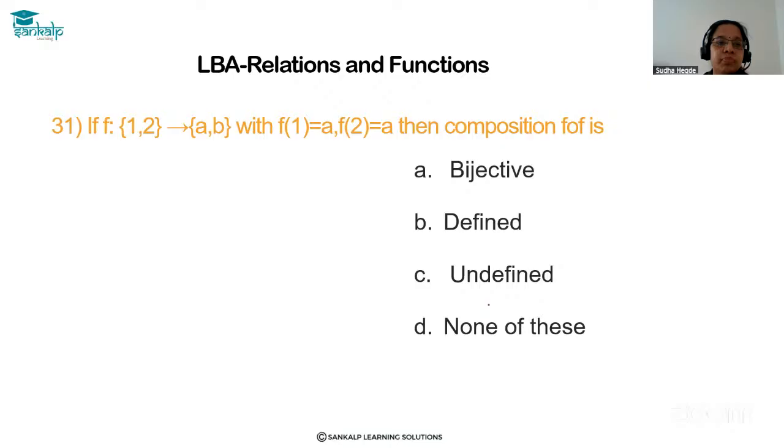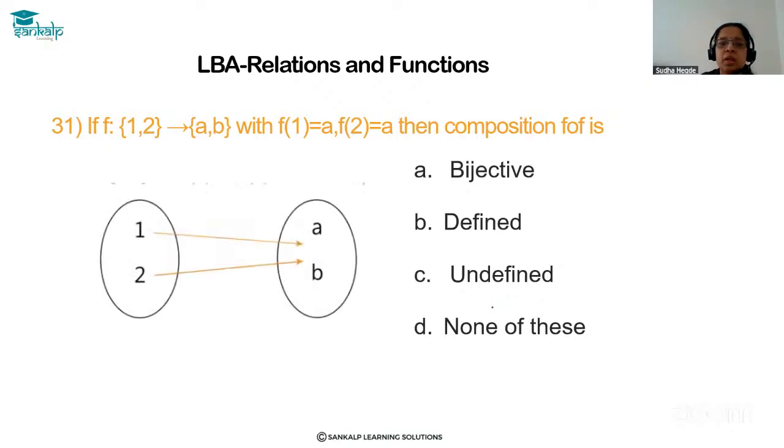Hi everyone. The question is, if f from {1, 2} to {a, b} with f of 1 is equal to a, f of 2 is equal to a, then f composition f, you need to check whether it is bijective, defined or not defined. Okay. Now, what is given?